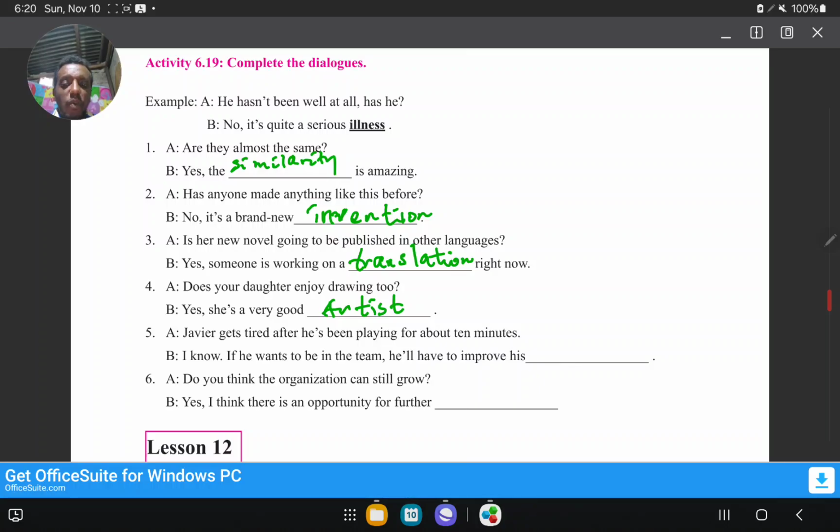I know if he wants to be in the team he will have to improve his ምንድን ነው ኢምፕሩቭ ማድረግ ያለበት ከላይ ካየናቸው ቃላቶች ፊትነስ. Fitness. Question number 6. Do you think the organization can still grow? Yes, I think there is an opportunity for further development. Yeah, this is how to do questions related to suffix.